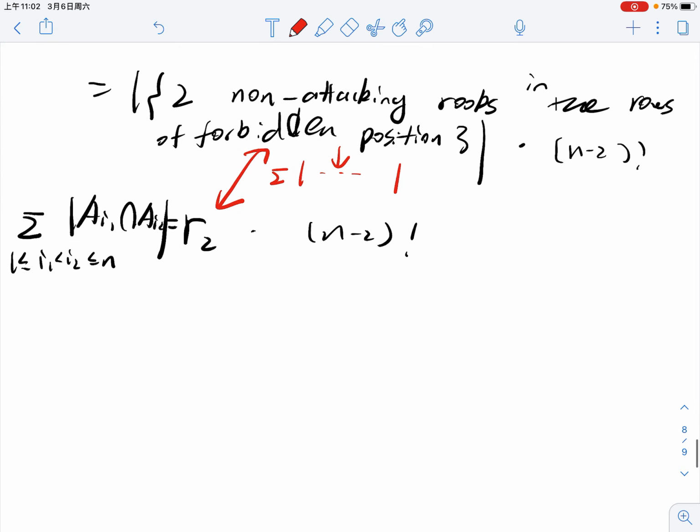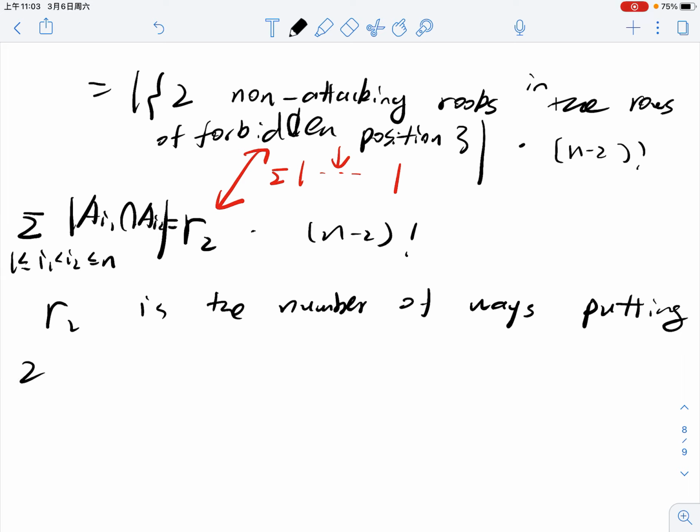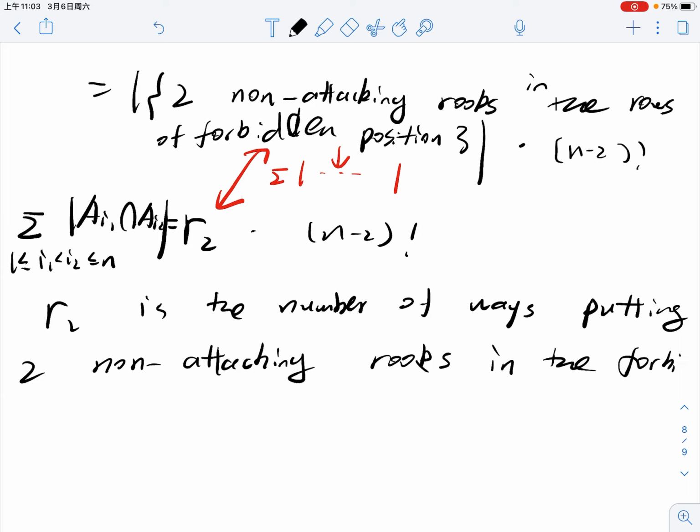And if you want some wording, R2 is a number of ways of putting two non-attacking rooks in the forbidden positions.